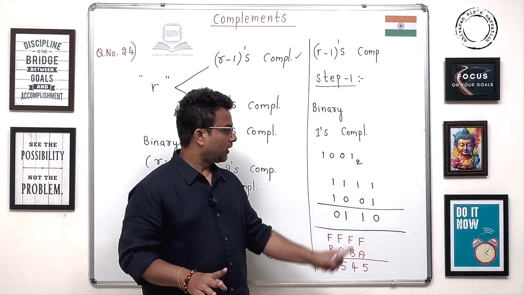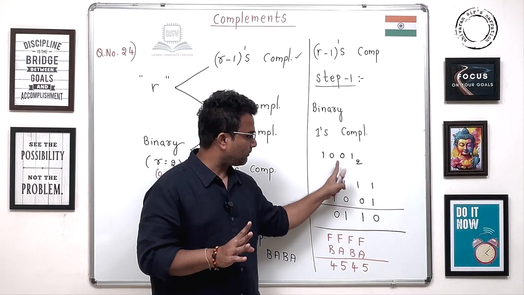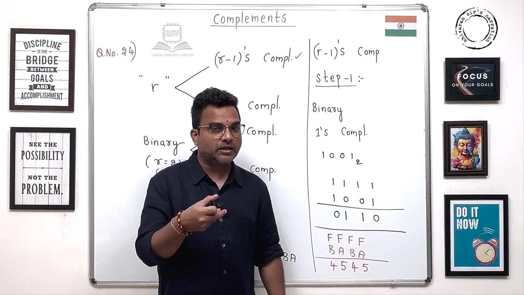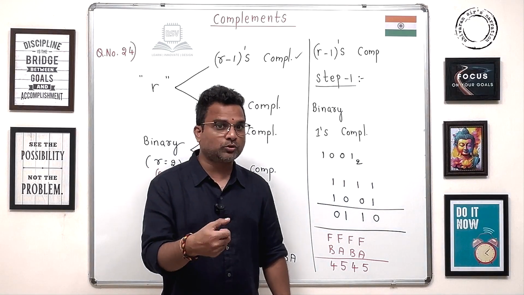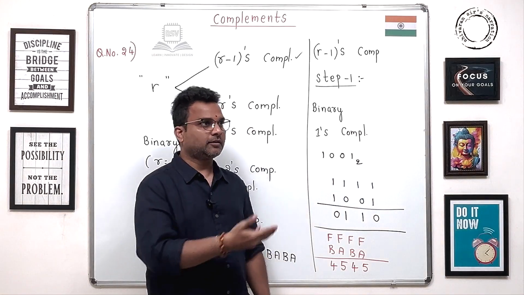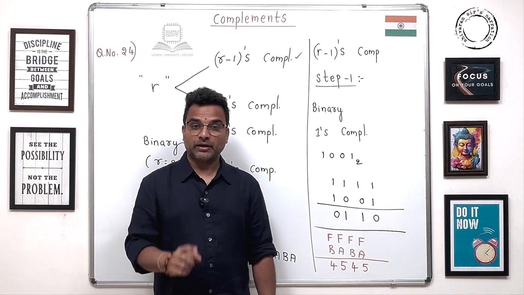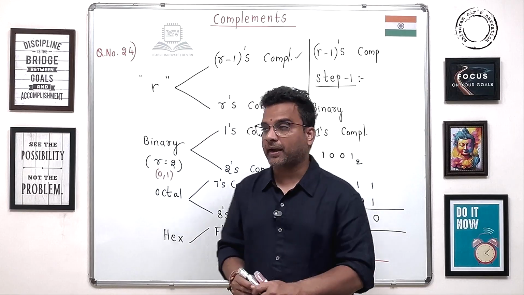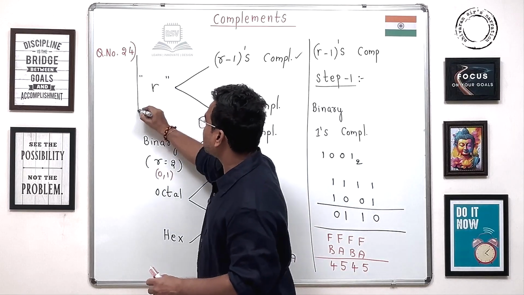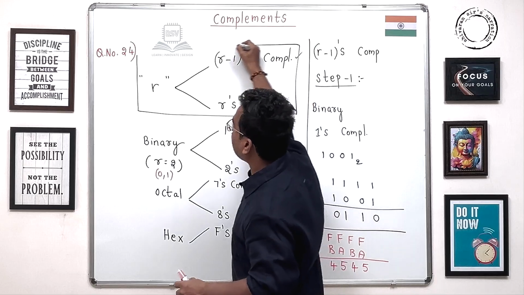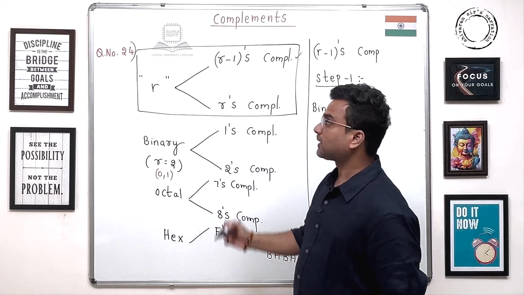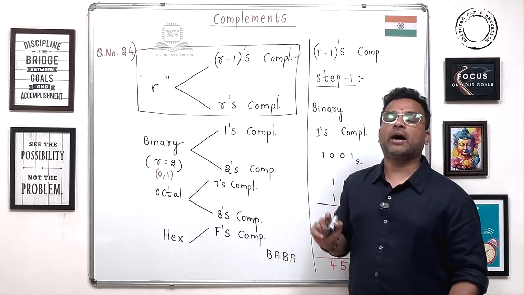If for 1001 base 2 they ask you to calculate the 2's complement, then it is r's complement only. Remember, a number system has only two types of complements: r minus 1's complement and r's complement.